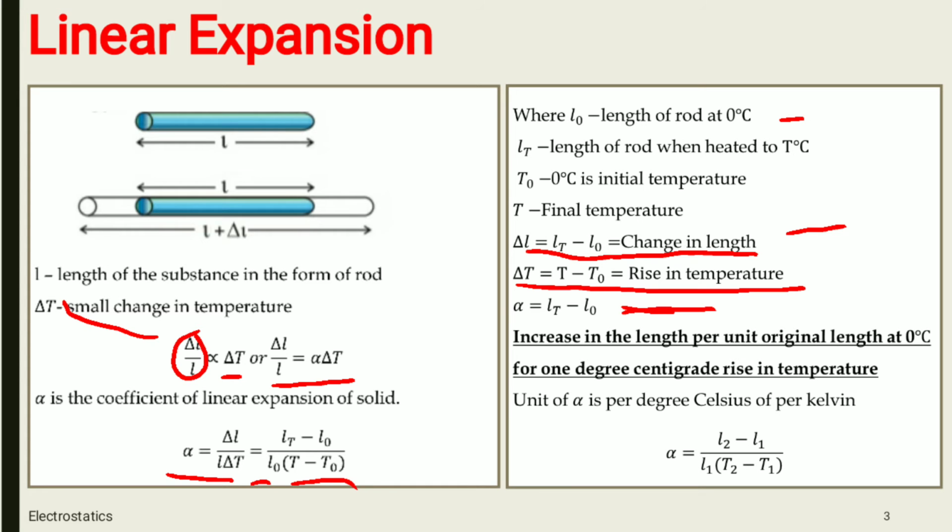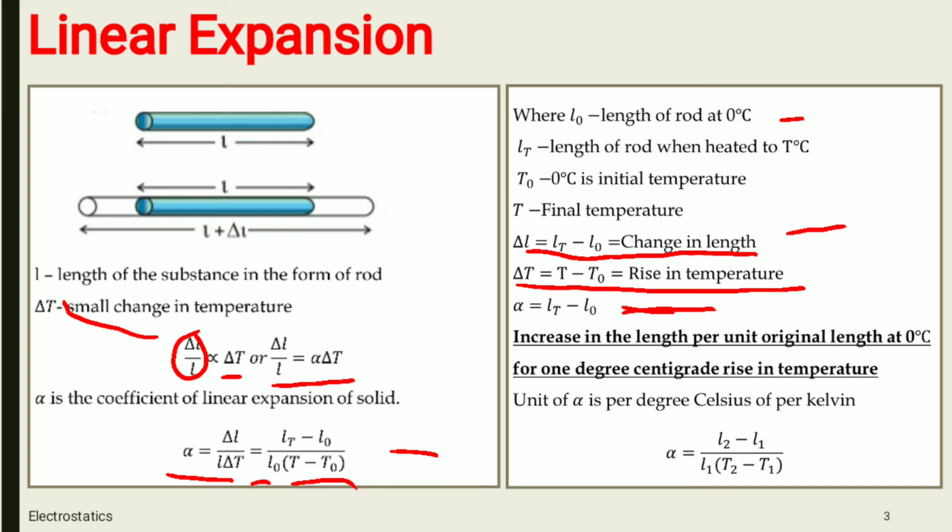Increase in length is LT minus L0. L0 is the original length at 0 degrees Celsius, or at lower temperatures, for 1 degree centigrade rise in temperature. Okay, and this is about the coefficient of linear expansion.